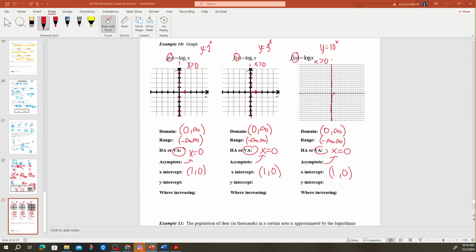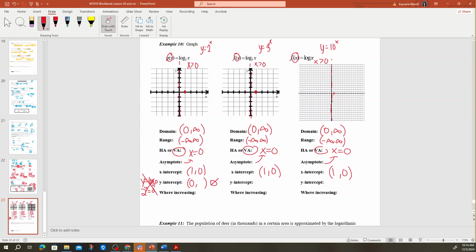If I wanted to see if I could find a y-intercept, I could plug in a 0 to my x's. So I would get g equals log base 2 of 0. Well, what did we learn happens when I try to log a 0? It's undefined. And again, we proved this because 2 to what would give me a 0? Nothing. 2 to nothing will ever give me a 0. So this will never happen.